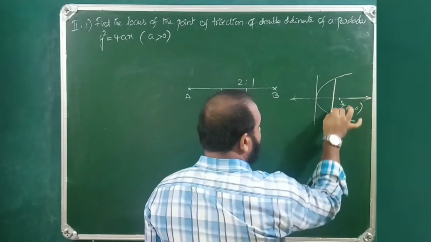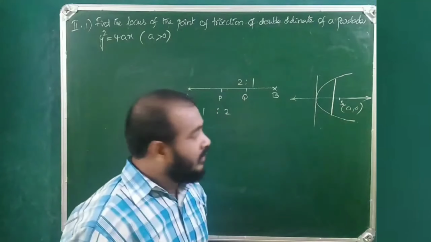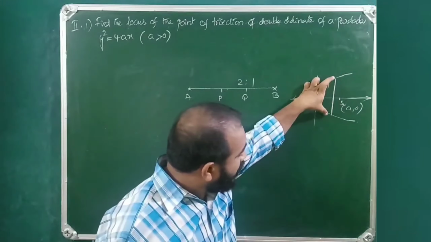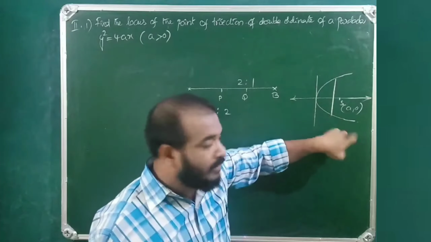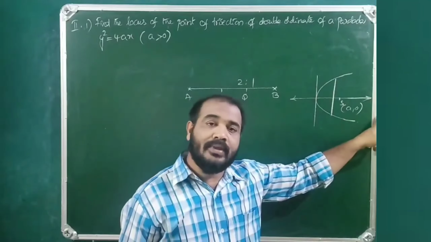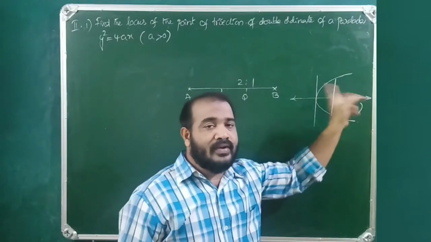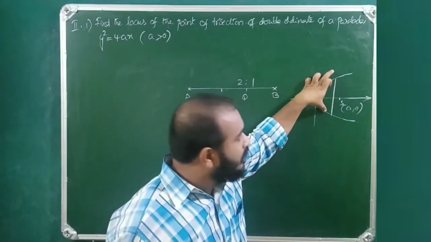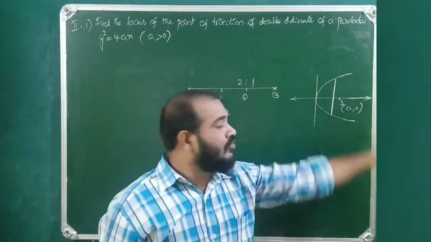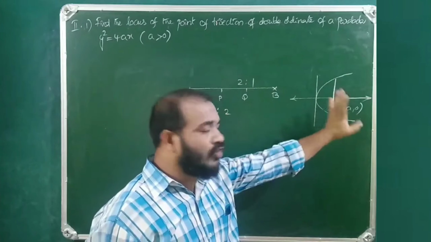So this is our double ordinate. If the same chord is passing through the focus and perpendicular to the axis, then it is said to be the latus rectum. But as far as a double ordinate is concerned, it is only perpendicular to the principal axis. It is not passing through the focus.